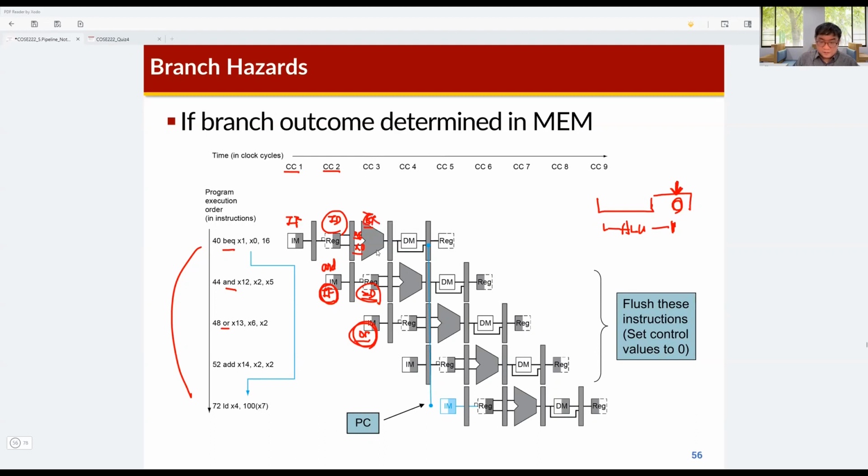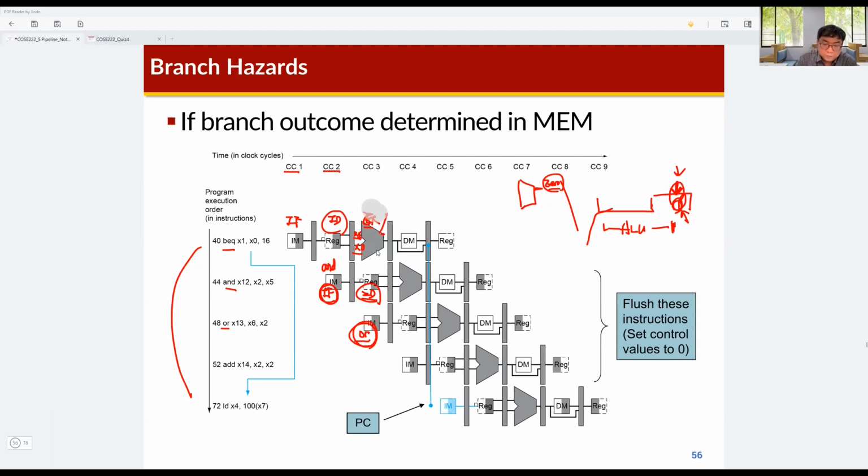In the EX stage, we just perform the subtract operation and the zero signal is generated. If you see the ALU, you can find the zero output, but this zero will be generated at the later part of the clock period. So we cannot use this signal directly, because we need additional data path elements to deliver this result to the program counter.